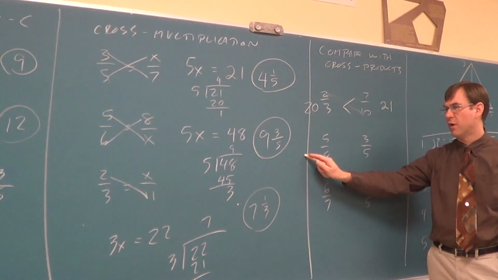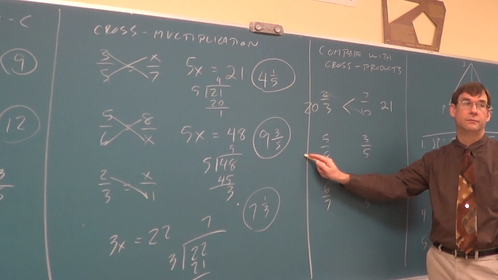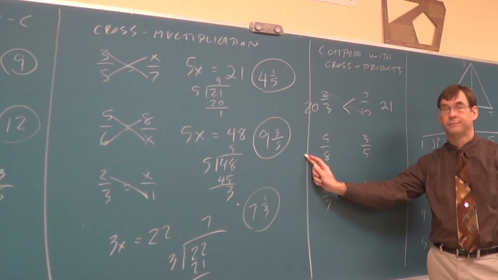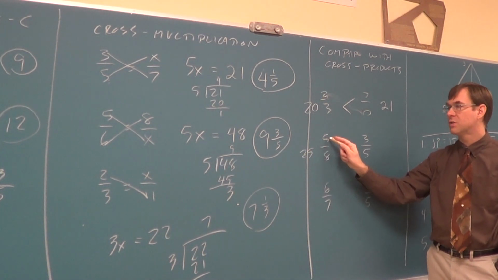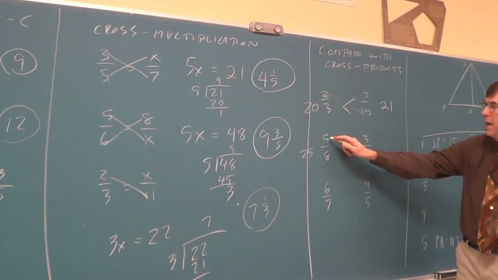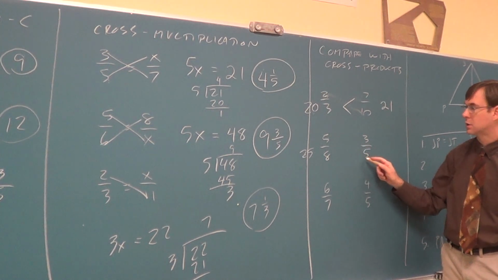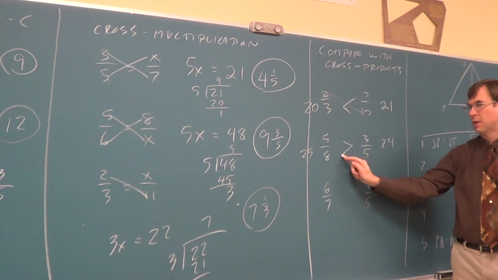So what's the number for on this side? 25. The 5 is the boss because it's on top. 5 times the other 5 because we're multiplying diagonal, we're multiplying across. 3 owns the other side, 24. And then you go, what symbol is that?